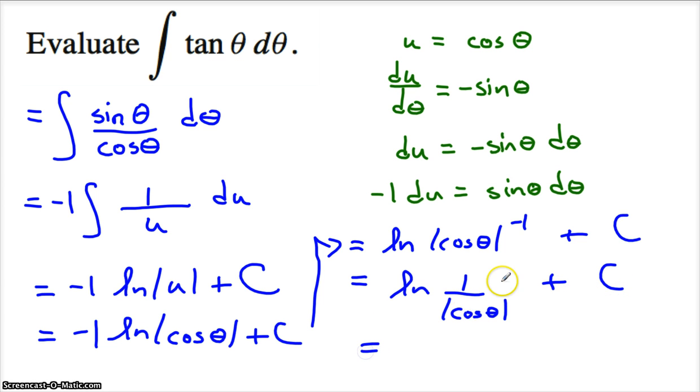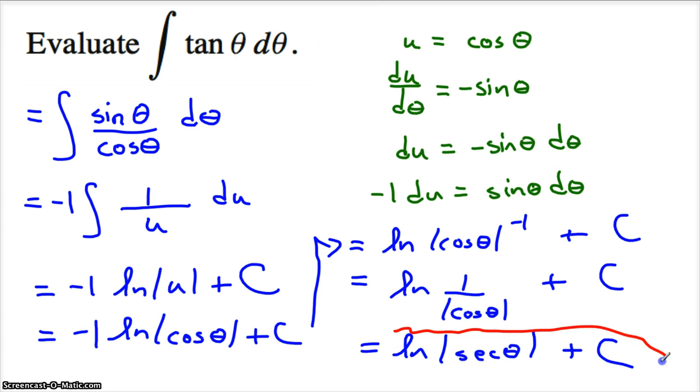And one more thing: the reciprocal of cos is defined as secant. So I'm going to rewrite this as the ln of the absolute value of secant theta. And that's what you would find if you looked it up.